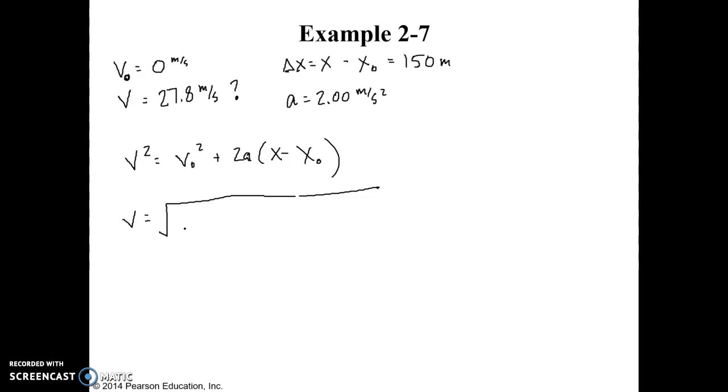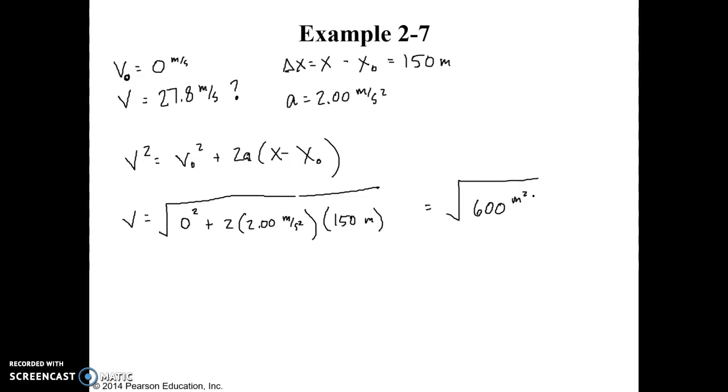The initial velocity, that's 0, plus 2 times the acceleration, 2.00 meters per second squared, times the length of our runway, 150 meters. This is going to be equal to 2 times 150, which is 600. So this is the square root of 600.